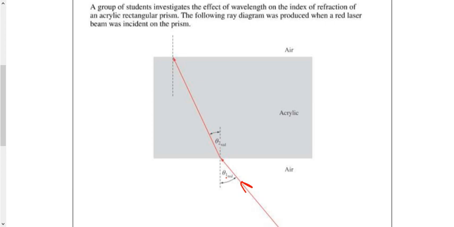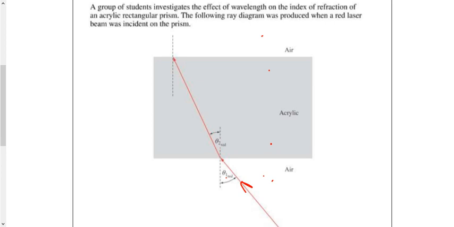Let's label it. Okay, let's finish drawing this diagram when it leaves the acrylic air boundary. Now, I don't know what the index of refraction of acrylic is, but I know that as it goes from air, which has an index of refraction of 1, let's say acrylic is 1.4. Let's make it up, 1.4. As it goes from 1 to 1.4, the light slows down, theta decreases, and then as it goes from 1.4 back to 1, the light speeds up and theta increases.